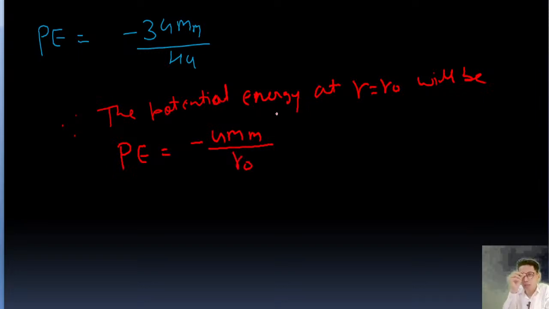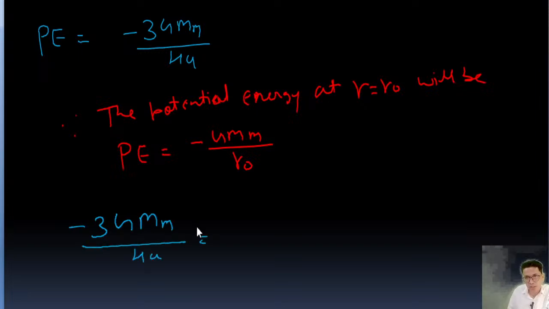And this is also the potential energy at r equal to r naught, which means both will be equal. So minus 3 GMm upon 4a is going to be equal to minus GMm upon r naught.